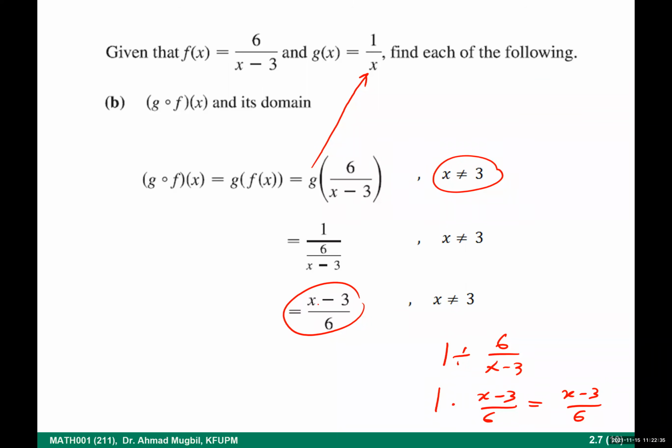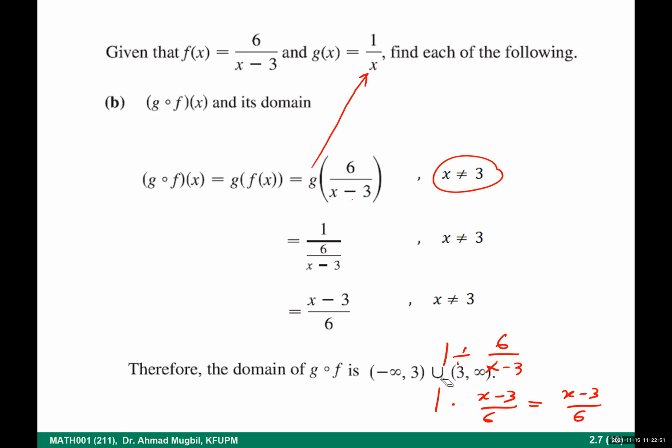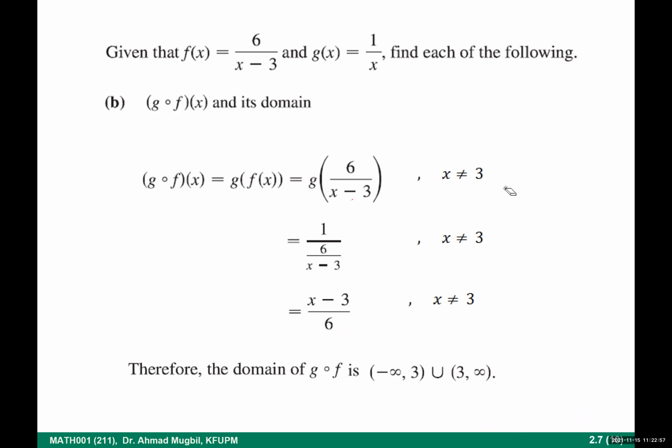All the real numbers, no problem. So it is about the final expression and considering the domain of g. Yes, here it is all the real numbers, but if you look at the domain of f inside, it is all the real numbers except 3. So you need to find the intersection of the domain of f and the domain of g of f here: all the real numbers except 3. You got it?